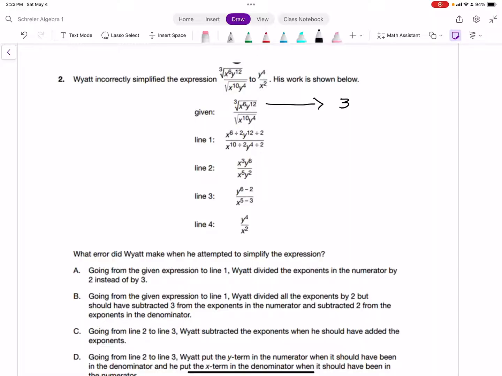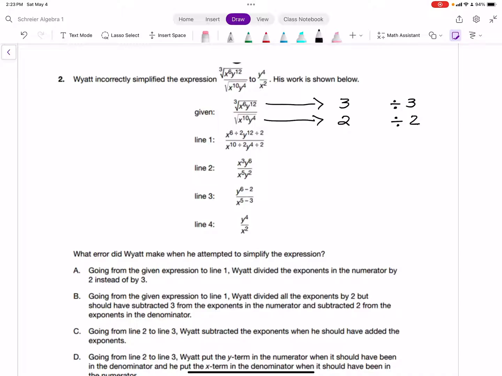That means when we apply it to x to the 6th and y to the 12th, we should be dividing by 3. In other words, you would have 6 divided by 3 and 12 divided by 3. For the bottom, the index is 2, and that means you should be dividing by 2. So you would have 10 divided by 2 and 4 divided by 2 for your exponents.